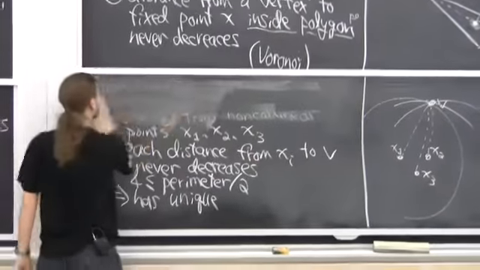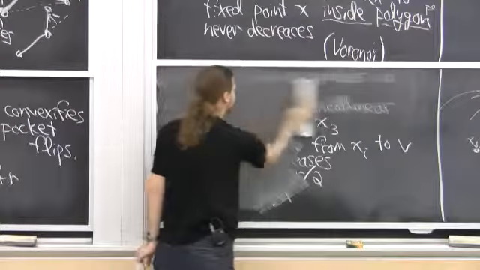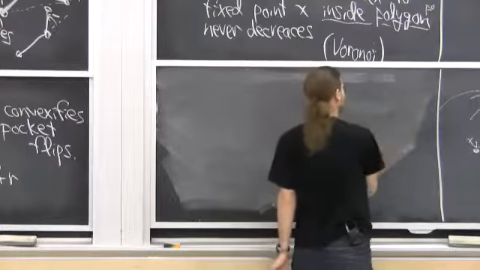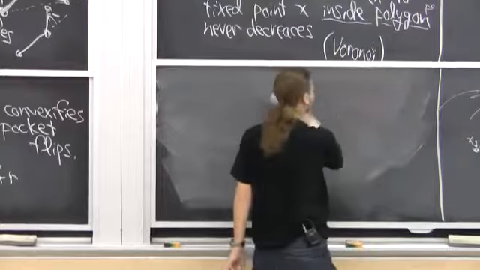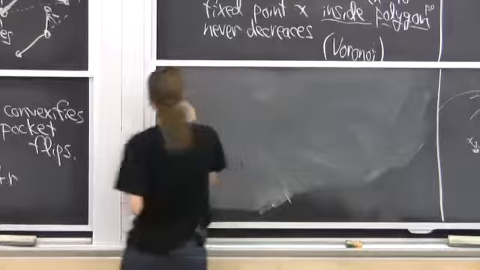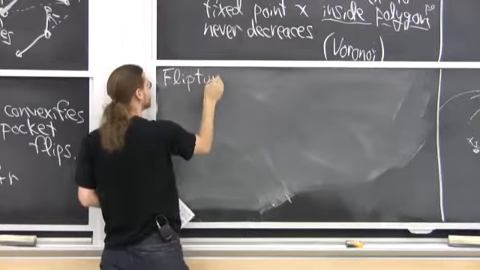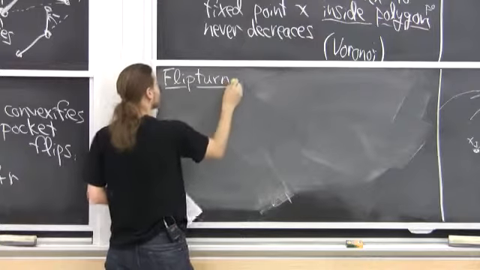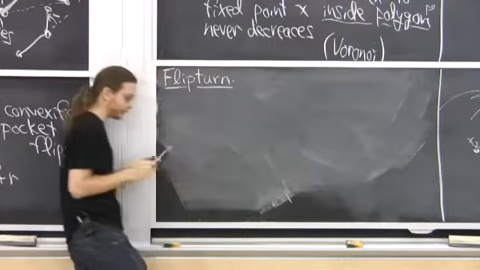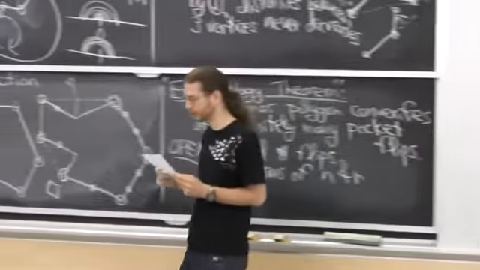So now we're going to look at a bunch of variations on flips, some of which are better behaved, all of which are finite in the same way. So next one we'll look at is called a flip turn. These were introduced in the 70s by two students, Joss and Shannon.